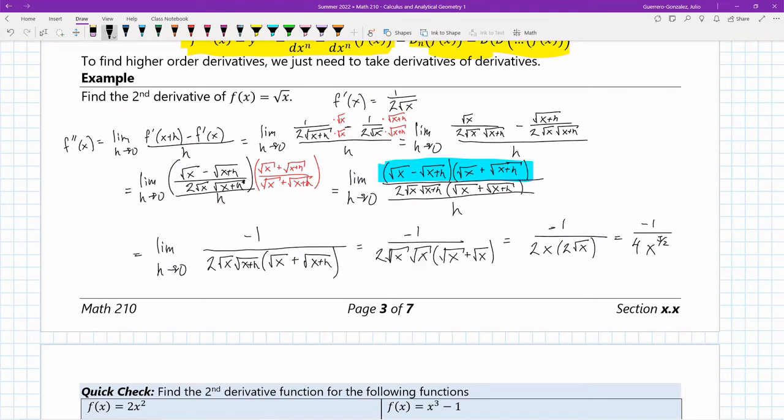And we are done. So this tells us f double prime of x is -1 over 4x to the 3 halves.